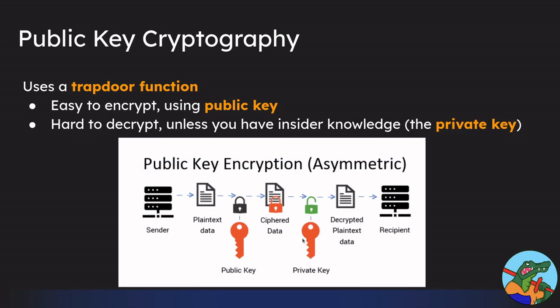But with this private key, you have some insider info that makes it really easy to decrypt. And so this is the idea behind public key cryptography. We have both a private key that we hold on to so that we can decrypt the communications, and we have a public key that we give out to everyone so that they can encrypt the communications.